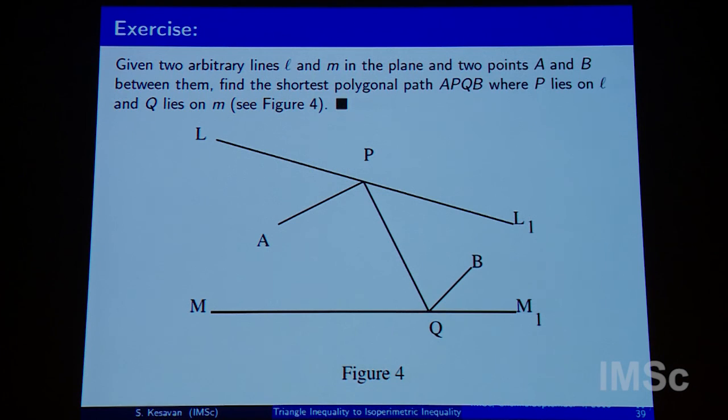Now I want to take paths from A to B which first touch the L line, then go to the M line, and then go to B. So find out how you will locate the shortest path using the same principles. This is a simple exercise based on what we have just seen.